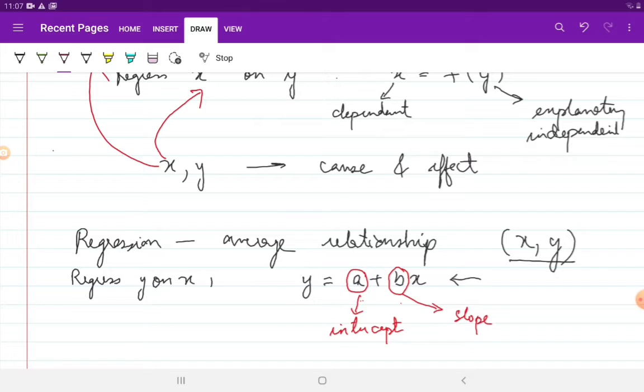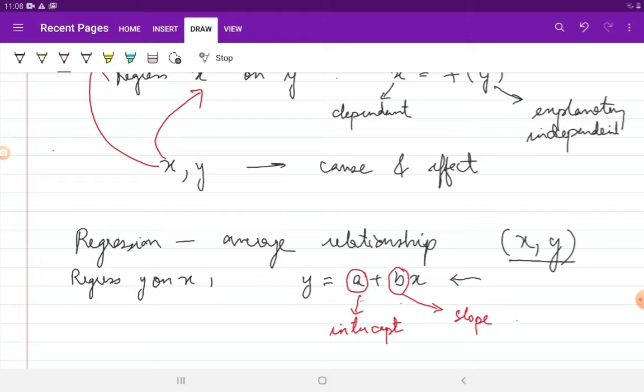Slight change, but you're still dealing with a linear equation. The reason I'm doing it is that by convention, we generally use the letter b to represent slope, especially when discussing regression analysis. So it's easier for me, which is why I have written the linear equation as a plus bx.